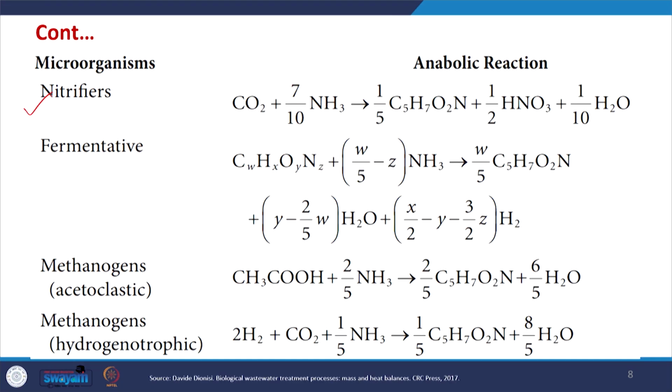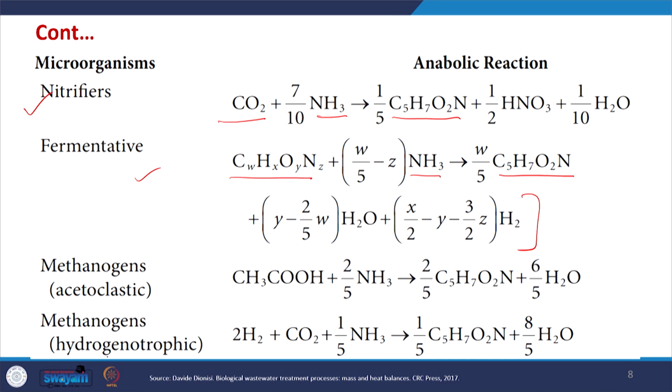Later on in today's class we studied the nitrifiers, where we can see the carbon dioxide along with ammonia is used for the reaction. Similarly, during the fermentative process the carbon substrate along with the ammonia forms the microorganism along with water and hydrogen.